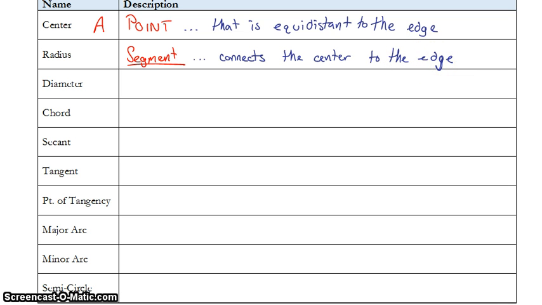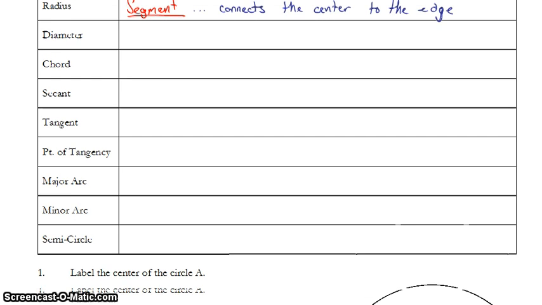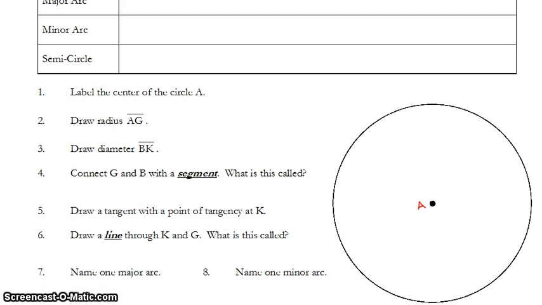So there's multiple radii in every circle. And if we look down at the bottom again, it says draw radius AG. That means start at the center and draw your segment to the edge of the circle. It doesn't matter in what direction. I chose to go here. That means I'm going to label this point G. That's radius AG.